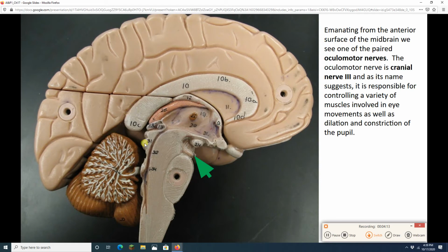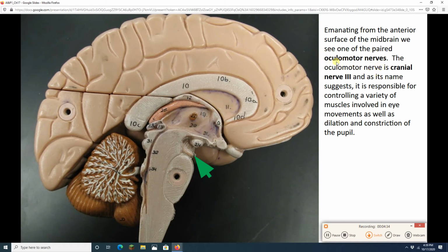Okay. In the front of the midbrain, we're going to see one of the cranial nerves we have to deal with. This nerve, this guy right here, that's one of the cranial nerves. There are 12 pairs of cranial nerves. This is one of the oculomotor nerves.